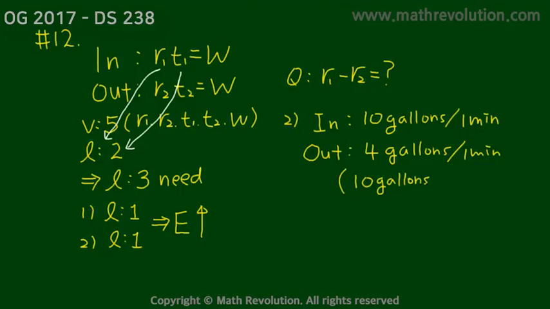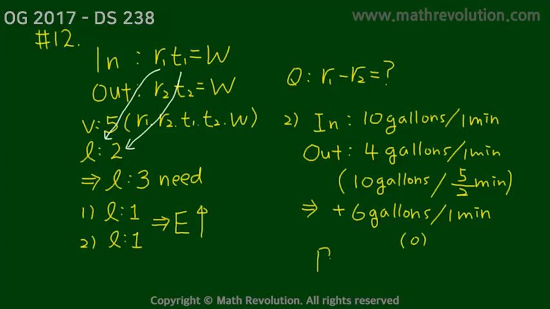So when we reduce it, it's 4 gallons per minute. Okay, then what's the difference here? The difference is positive 6 gallons, so it is increasing at 6 gallons per minute. In this case, we have enough information in condition 2, and the answer is B.